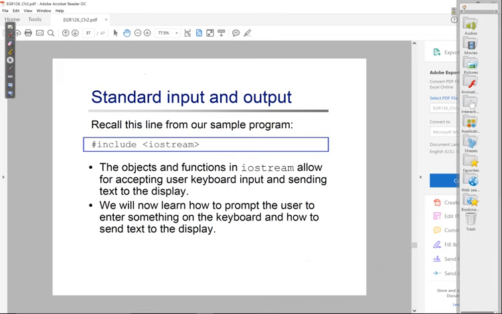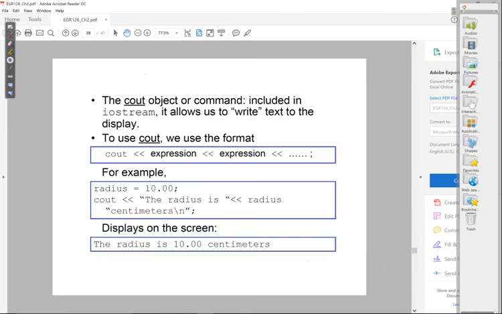So we're going to go into how you may actually make use of the cout command, because it's important for a lot of what you're going to be doing in the programs that you write. Okay? So once you include the IOStream library, you have access to the cout command.